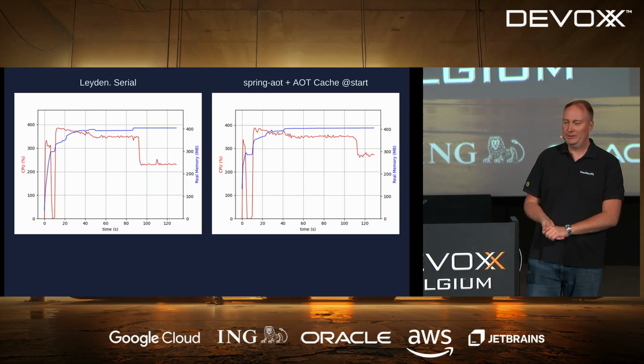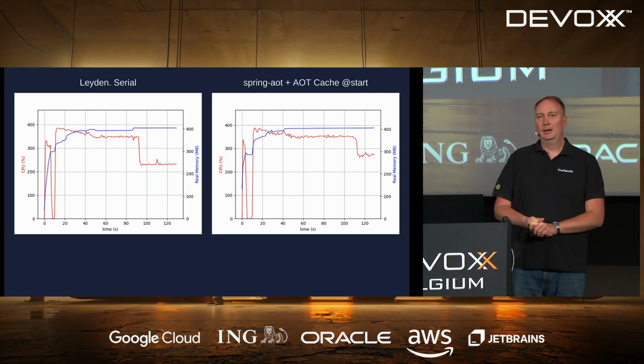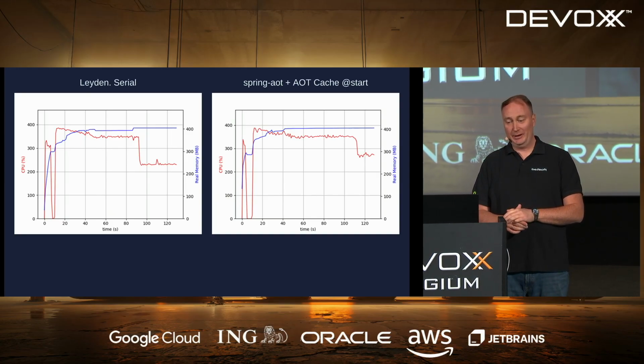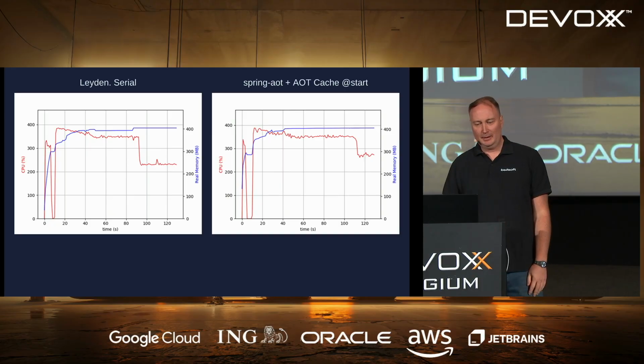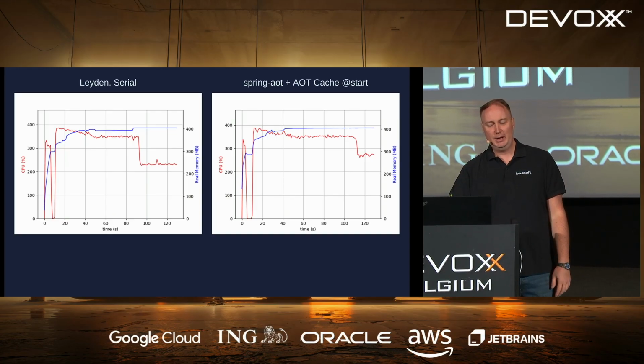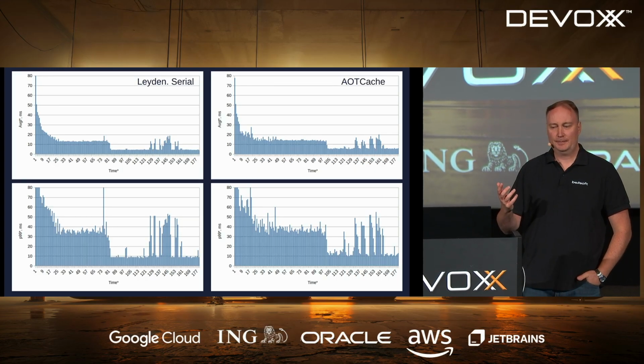It's interesting that it's not true in some experiments. Definitely something happens, and there is a difference. But you see, we still spend about the same amount of memory. That's predictable, but we don't have a shorter warm-up phase.